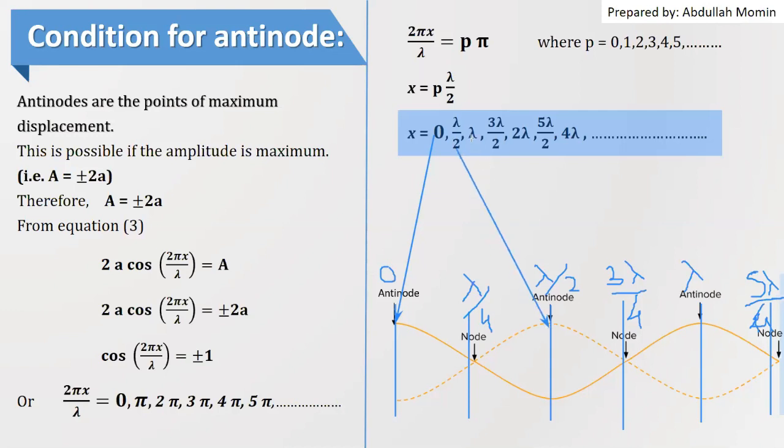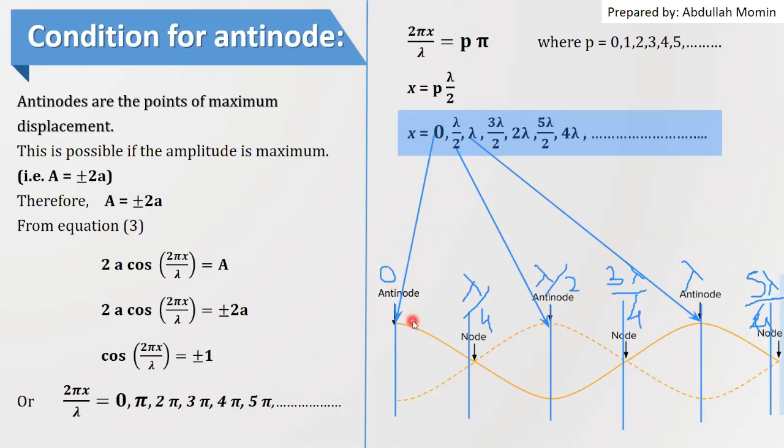Then after that, the next antinode we will get at lambda. And then the fourth antinode we will get at 3 lambda by 2. The position of the fifth antinode is 2 lambda. The position of the sixth antinode is 5 lambda by 2 and so on. So these are the positions at which we are getting the antinode. You can clearly see this in this image.